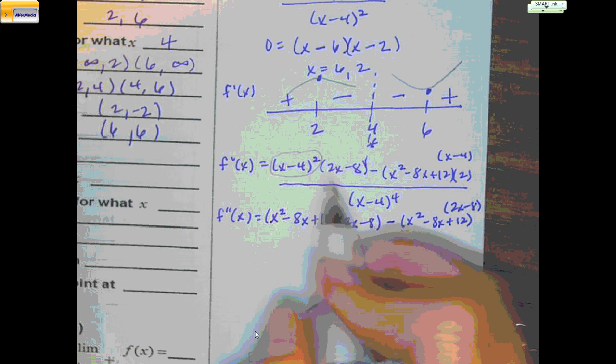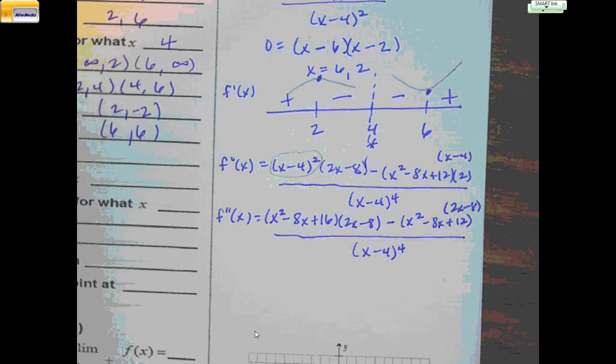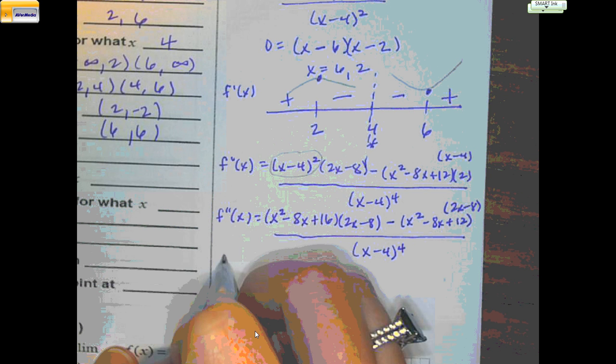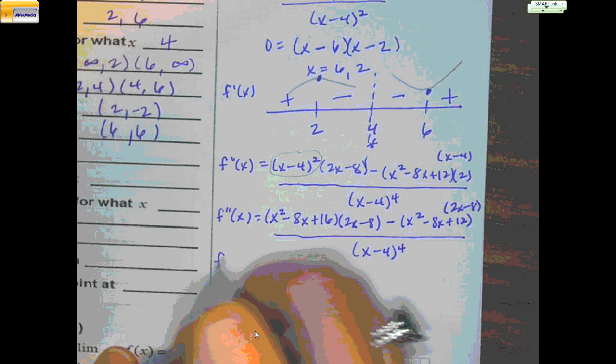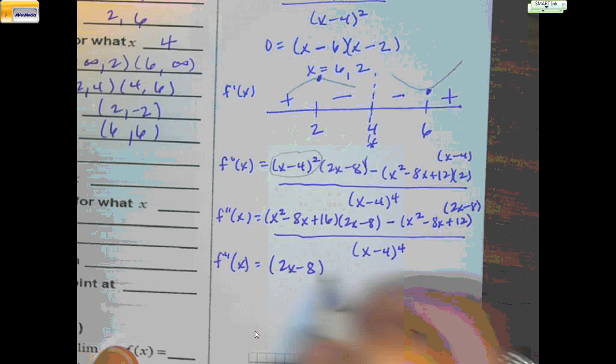What do you guys want to do next? Do you think we might get there faster if we factor out the 2x minus 8? You don't have to do this, you can do it the other way.